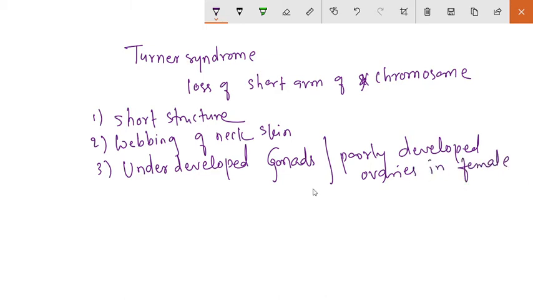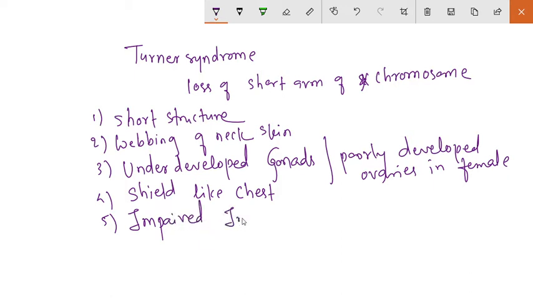Okay, then they have the shield-like chest, broad, shield म्हणजे ढाल ज्याला आपण म्हणतो, shield-like chest. Even though she is a female, she still has the shield-like chest, and there is impaired intelligence. म्हणजे मेंटली पण ते रिटार्डेड असतात.